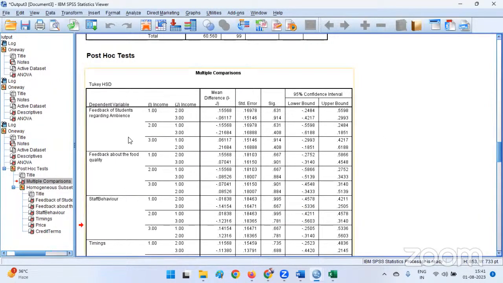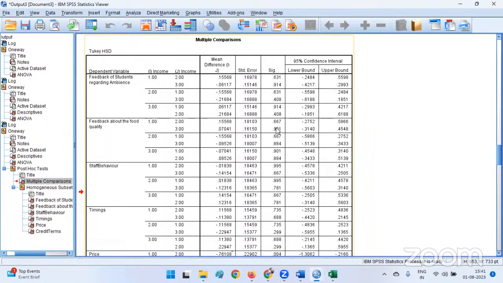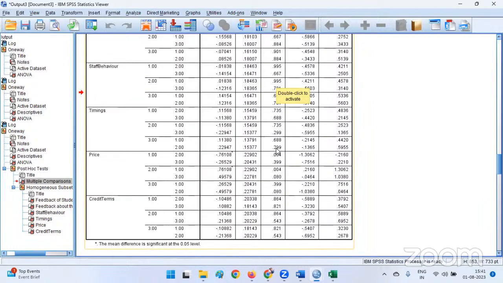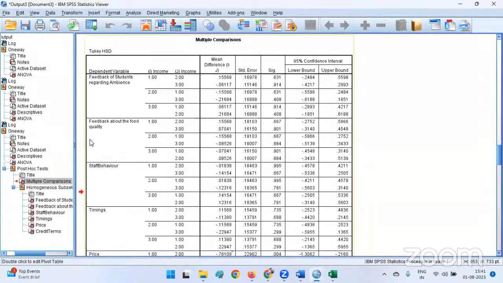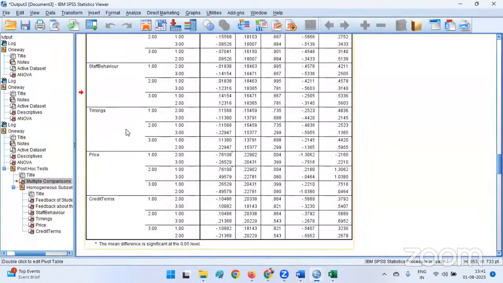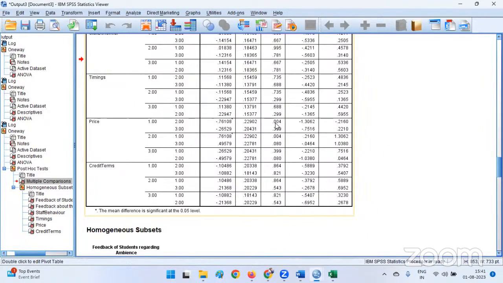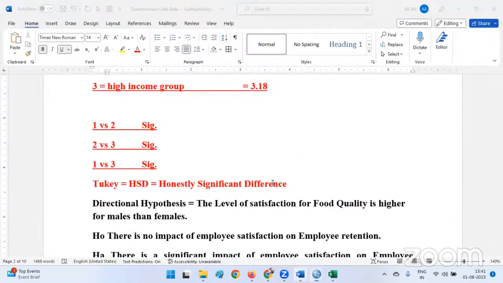Okay. So now go to the significance. All the significance I see is above 0.05. In fact, I need not take the significance of the other things except price. In price, I see 0.004. This is significant, which means 1 to 2 is significant.